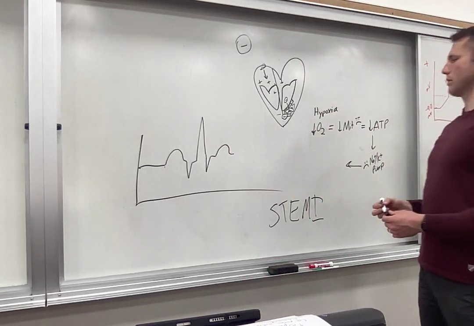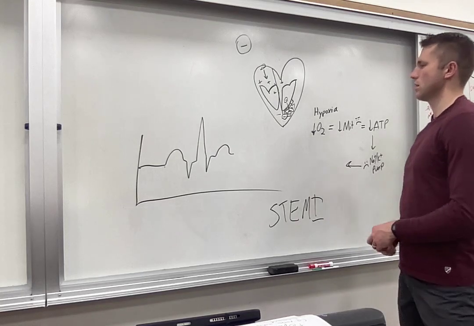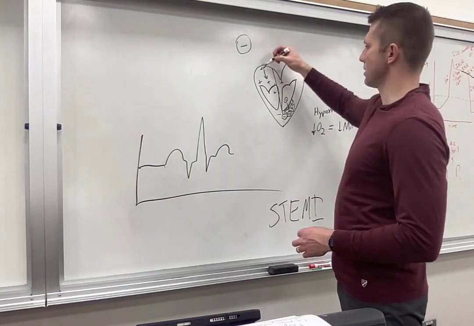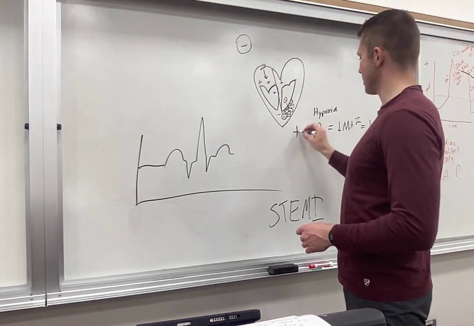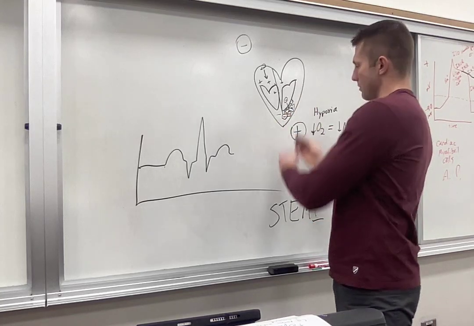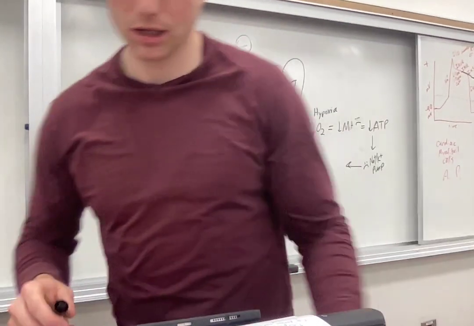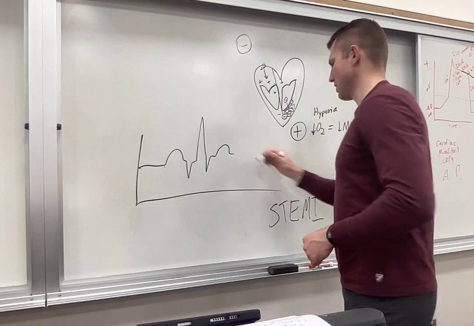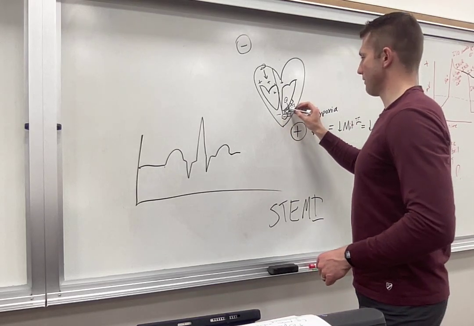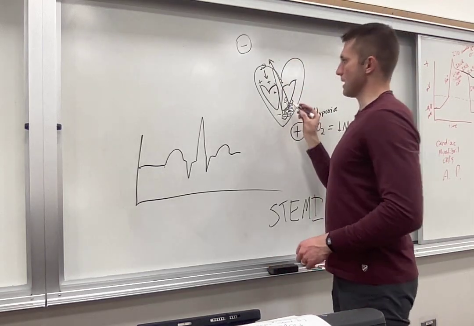But once we get these negative vectors going towards this positive electrode, with this massive glob of negativeness, we see a really big negative going towards a negative that's hampering everything.